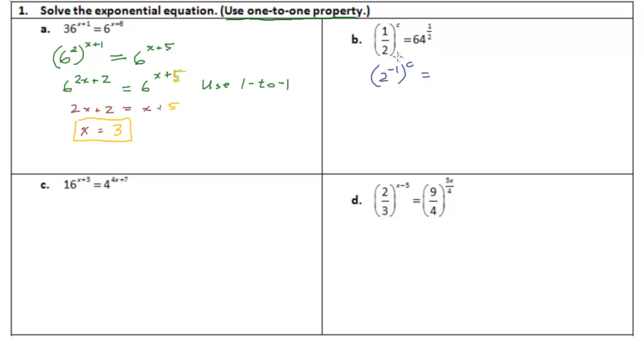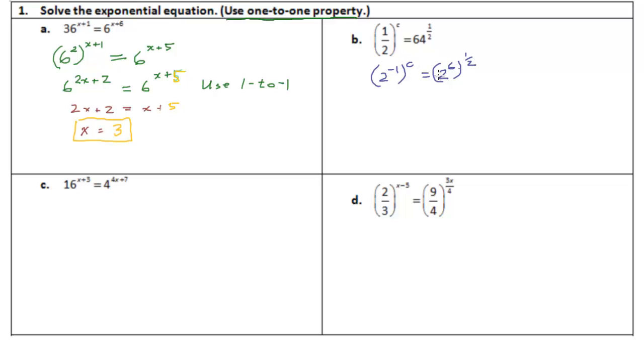On the right, if we can use a power of 2 for 64, then we're in good shape. Then 64 is 2 to the 6th. 2 times 2 is 4, times 2 is 8, times 2 is 16, times 2 is 32, times 2 is 64, 2 to the 6th power. And then that's raised to the 1/2. So we now have a common base of 2.